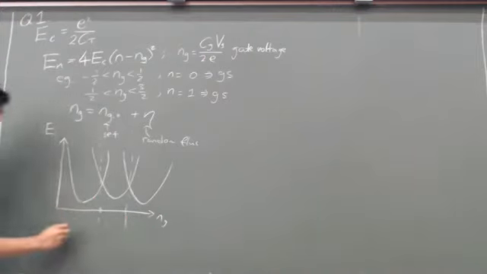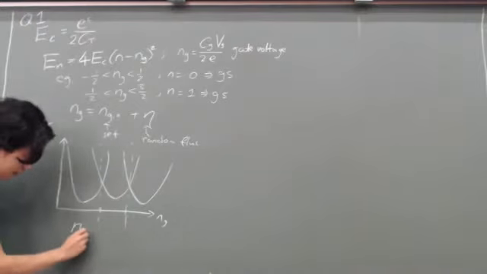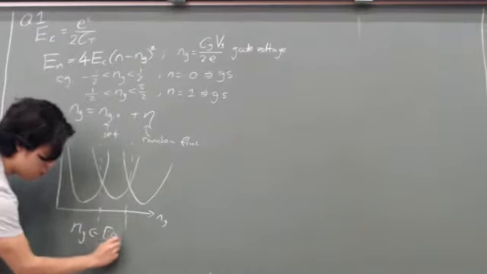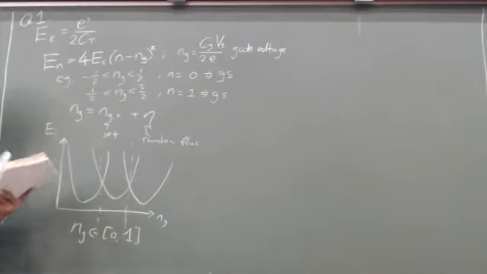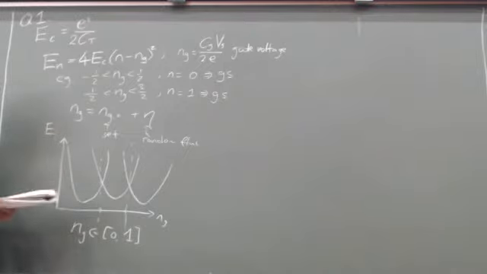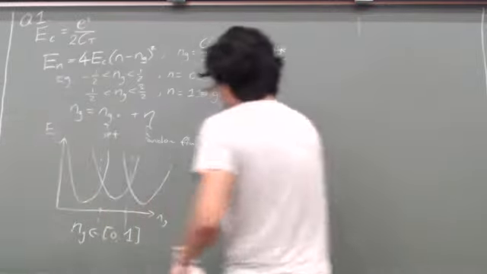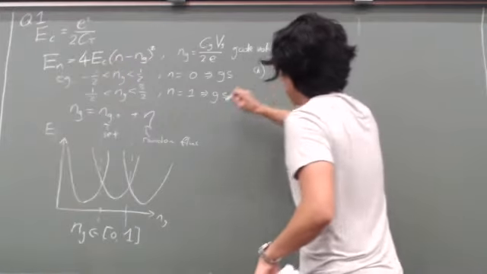So for this purpose, we just picked ng to be between 0 and 1. I could be wrong, but this is kind of similar to the Brillouin zone idea in condensed matter physics, if you did that.